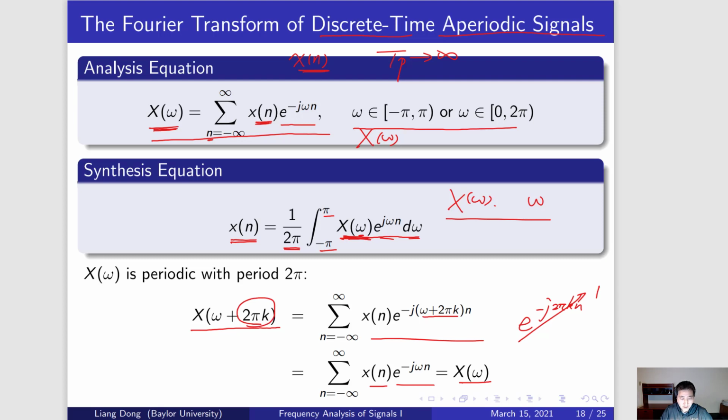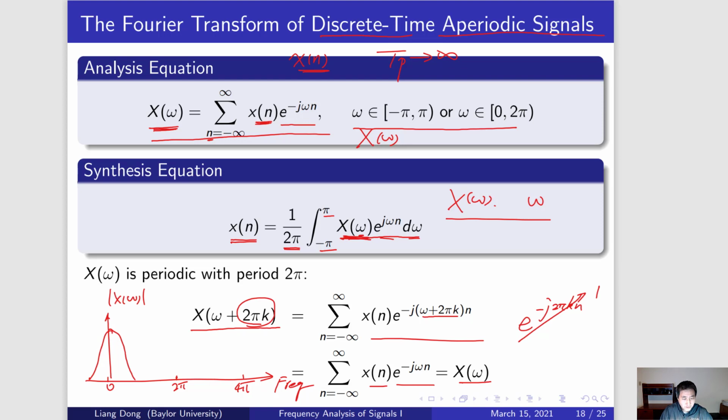So this aligns with what we discussed before. If I have a frequency domain picture here, this is my 0, and I have 2 pi here, 4 pi here. Let's say I got an X(omega) that looks like this. Let me just show the absolute value so I can draw on this 2D picture.